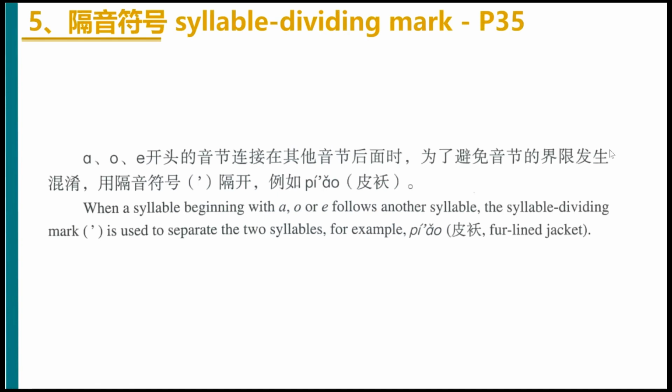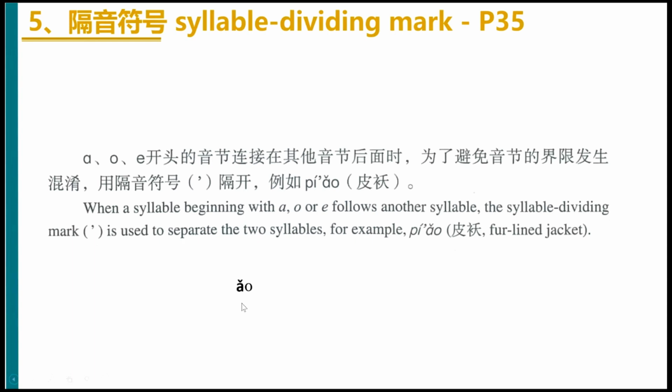Point number 5, syllable dividing mark. When a syllable beginning with a, o, or e follows another syllable, the syllable dividing mark, this apostrophe on the top, is used to separate the two syllables. For example, this syllable is called ao.